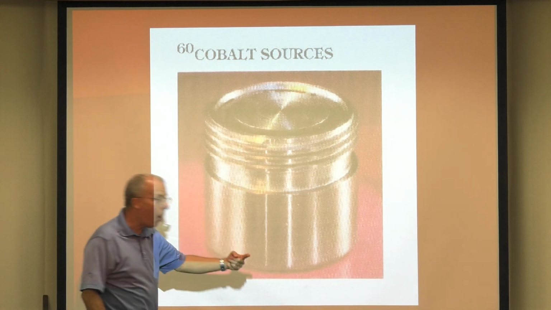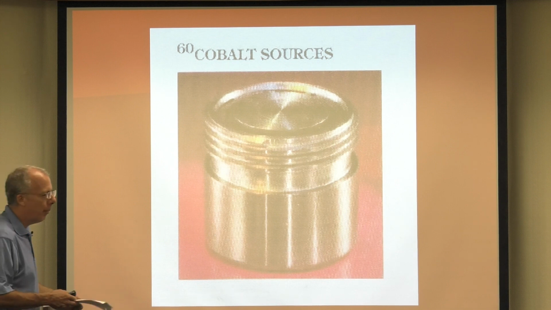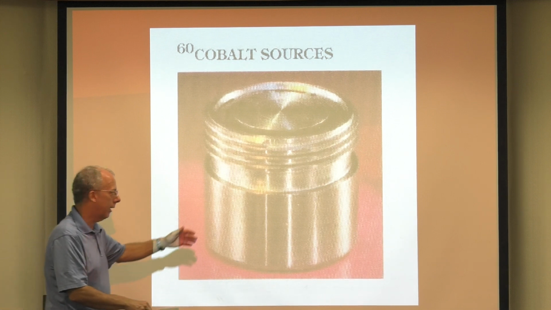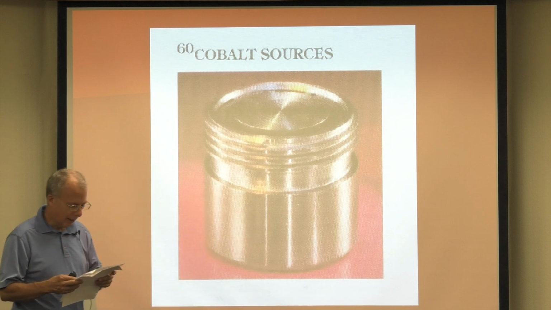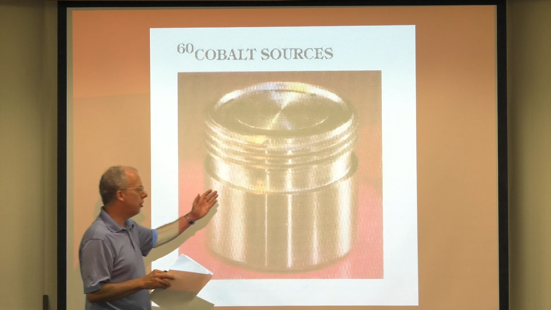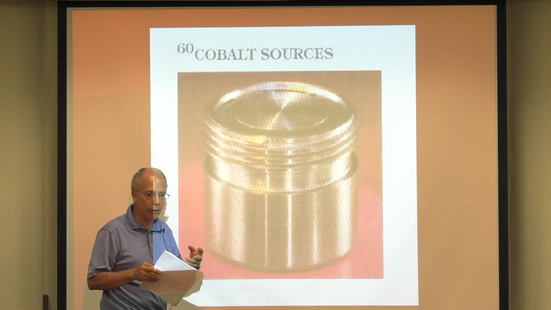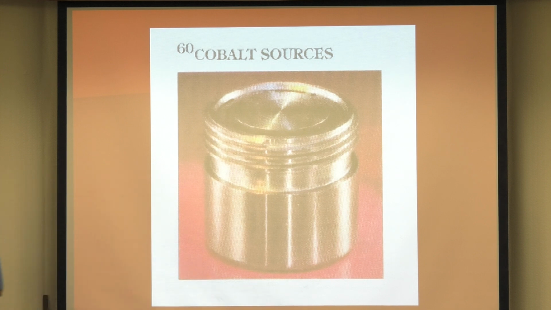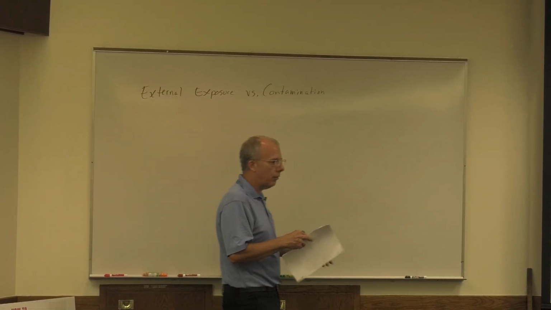You're going to get exposed to the gammas, which is dangerous, but you're never going to get the radioactive material on your body. You're just going to get nailed by the gamma rays. So since you never touch the radioactive material, you don't become radioactive. You have external exposure to the high energy gamma rays, but you never become radioactive.